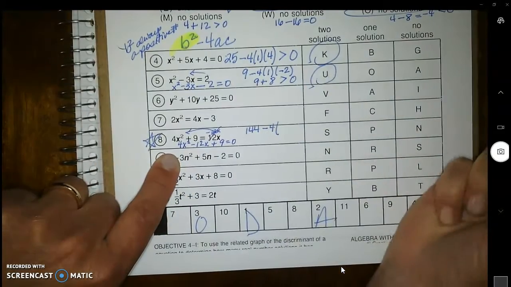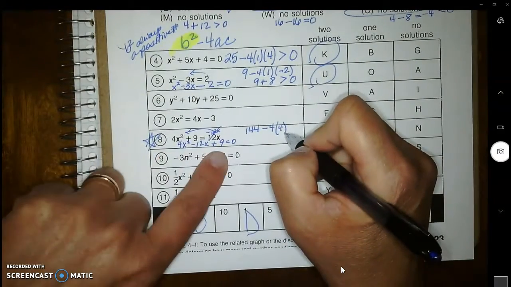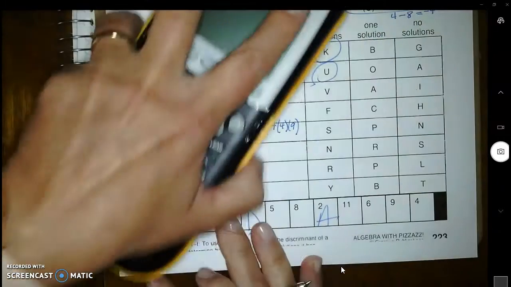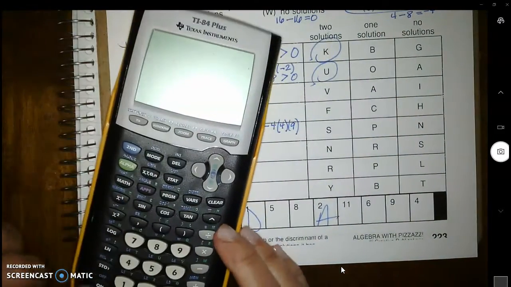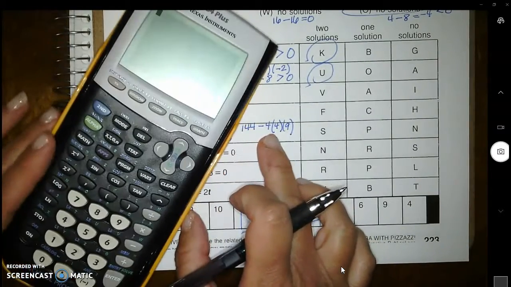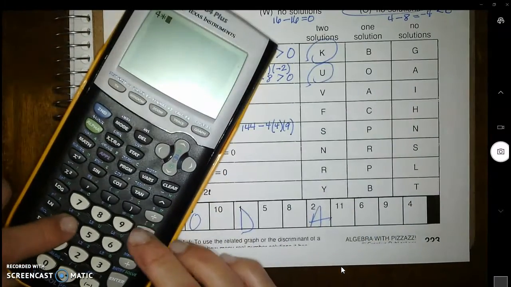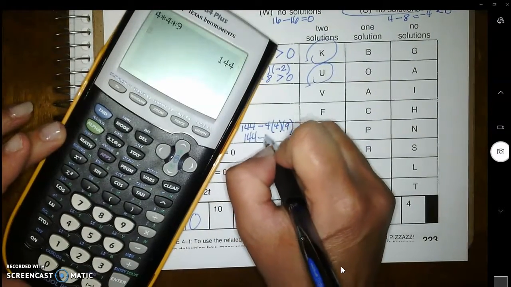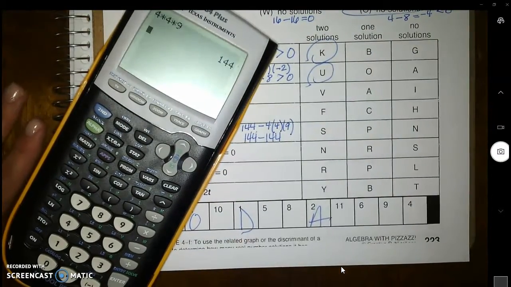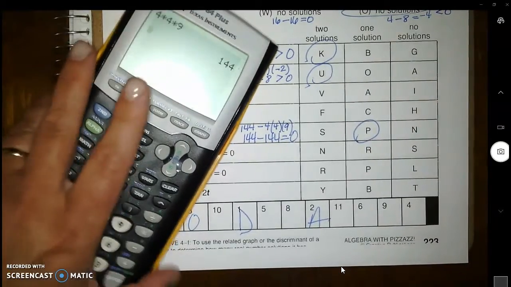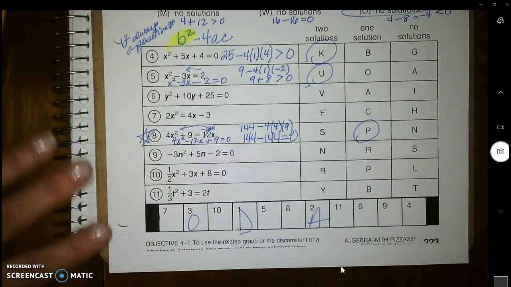Minus 4 times a is 4, c is 9, and oh snap, it looks like I better get my calculator out, right? I can't do this math in my head. I didn't learn my 16s in school. So 4 times 9 is 144. What is 144 minus 144? 0, 1 solution. Okay? All right.